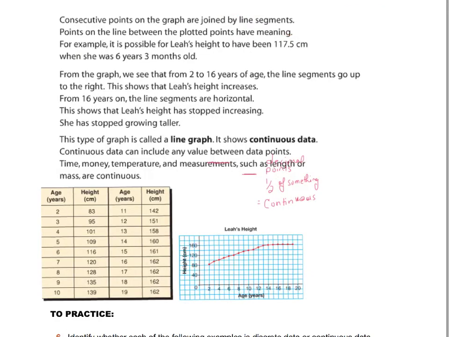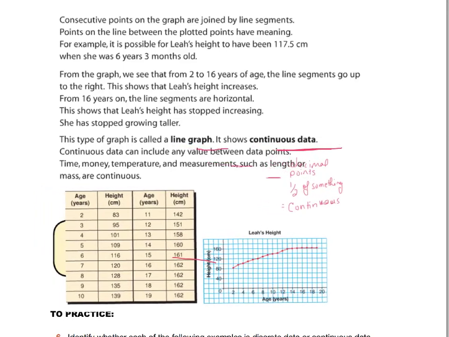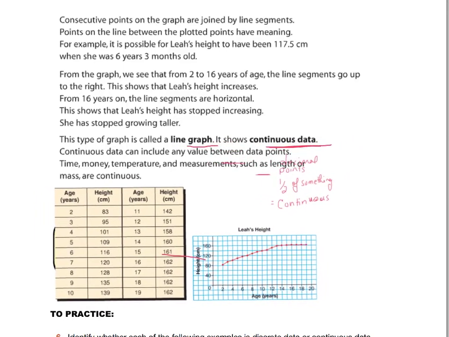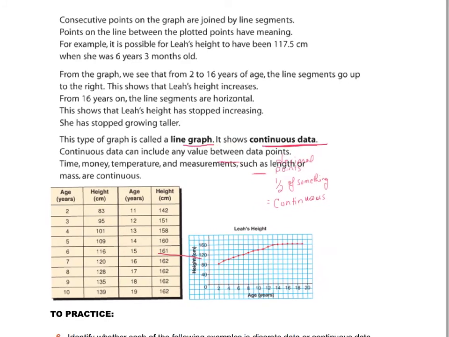So this type of graph is called a line graph. When we join those points together to make a line, it's called a line graph. It shows continuous data, and remember, continuous data is something where we can have decimal points, and we can have a half of something.